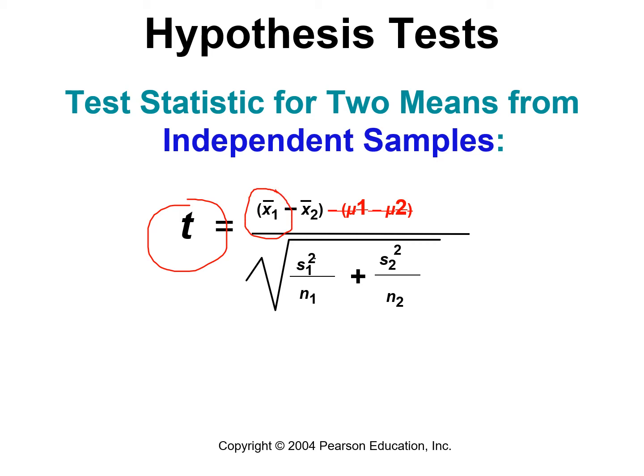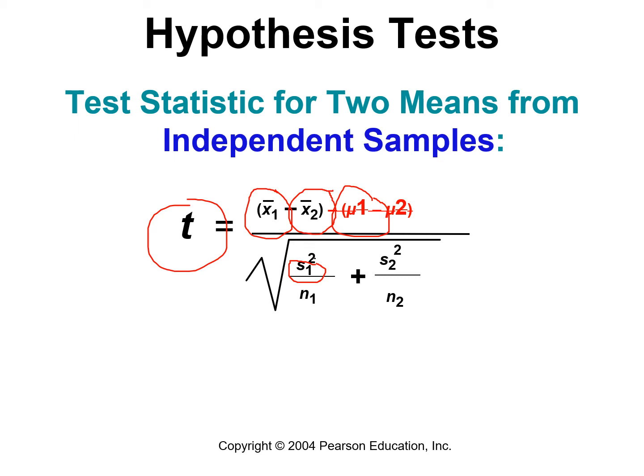X bar 1 is the mean of sample 1. X bar 2 is the mean of sample 2. Mu1 is the mean of the first population, and mu2 is the mean of the second population. S1 squared is the variance of sample 1, and S2 squared is the variance of sample 2, and n1 and n2 are the sample 1 and 2 sizes.